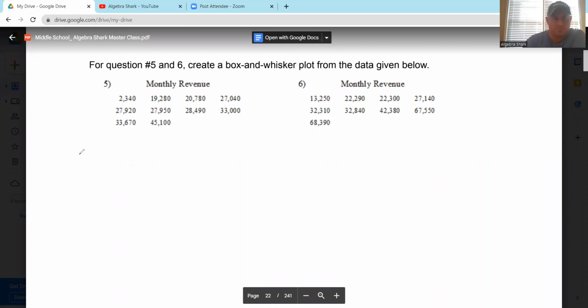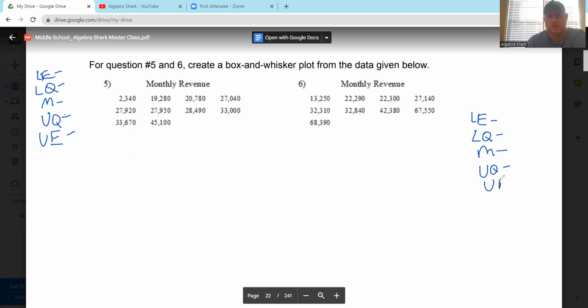So we know that we need our lower extreme, we need the lower quartile, we need the median, we need the upper quartile, and we need the upper extreme. Same thing over here. When we go to the number 6, it'll be the lower extreme, the lower quartile, the median, the upper quartile, the upper extreme.